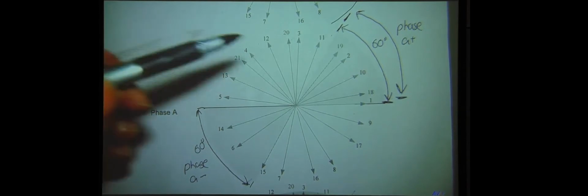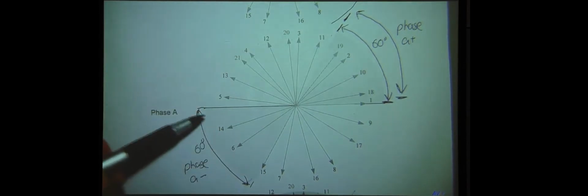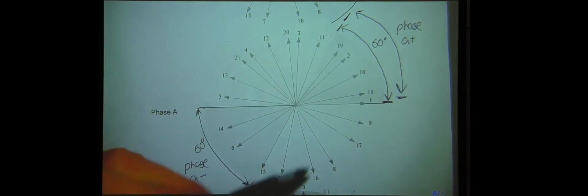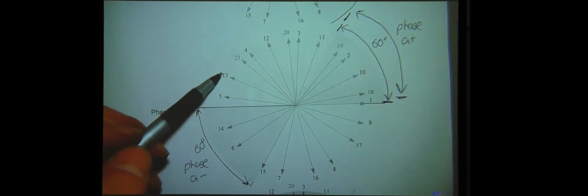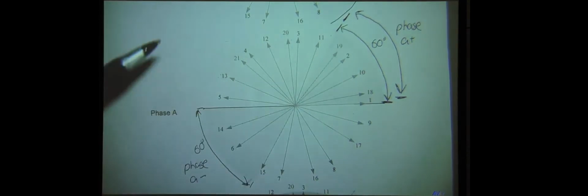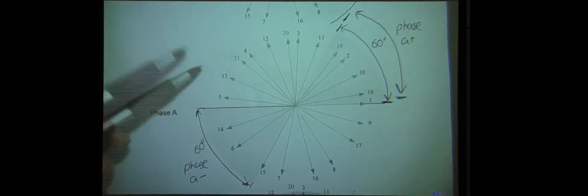So we can look at these vectors and decide which ones should be in A, B, and C. Clearly, 13 over here is nowhere near the regions that we've said as phase A, so that wouldn't be in phase A.